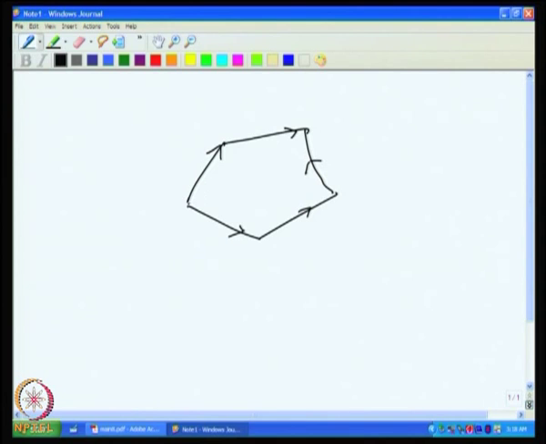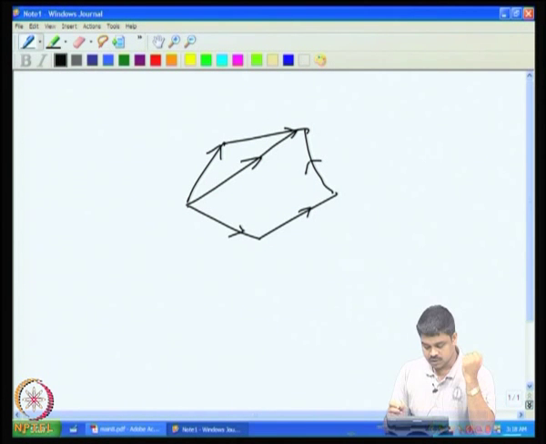Now we want to find a collection of paths such that every vertex belongs to exactly one path. That means the paths should be disjoint and also cover all the vertices.